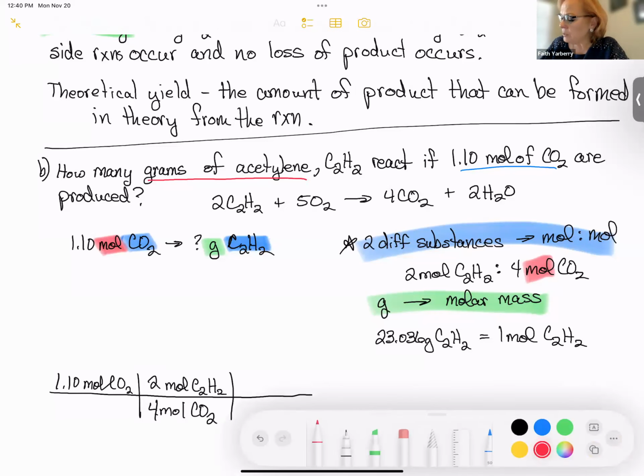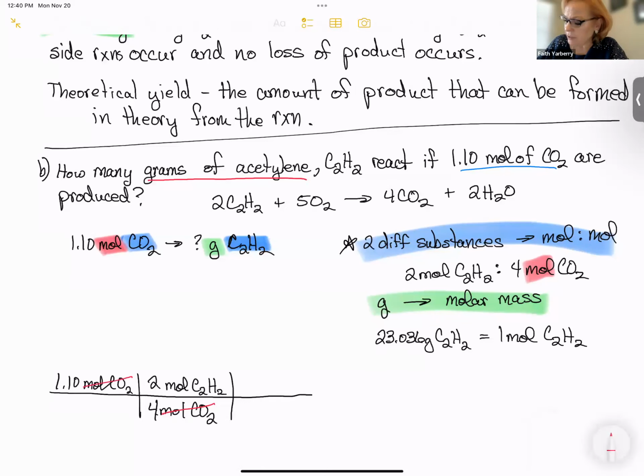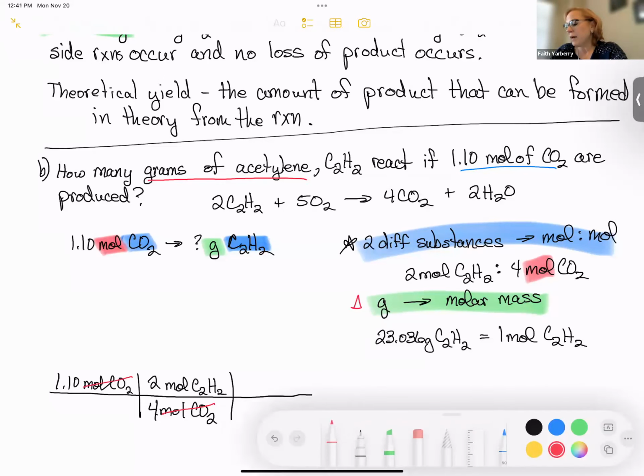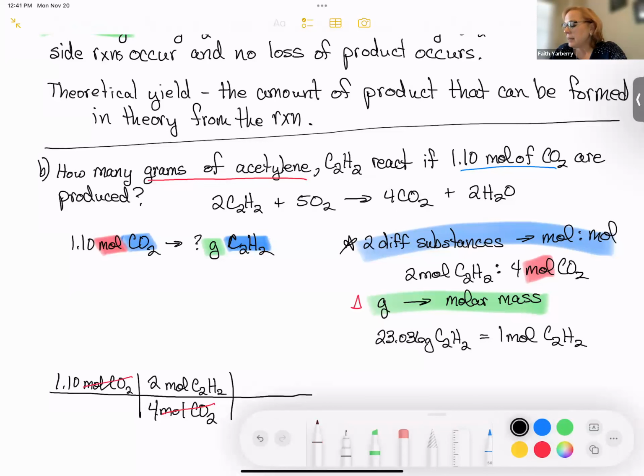We place the moles of CO2 in the denominator so that the unit and the substance would cancel, leaving us moles of acetylene. But we were asked for grams of acetylene, so we're going to have to use our second conversion factor to get there.